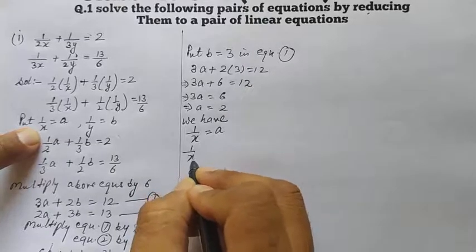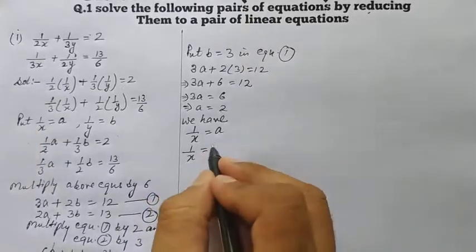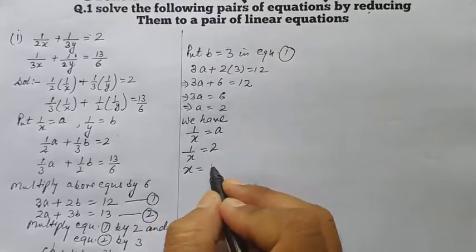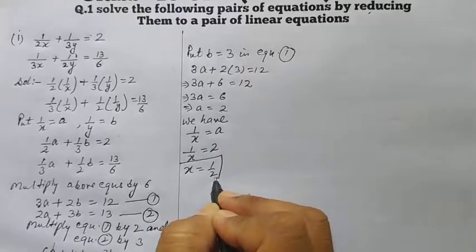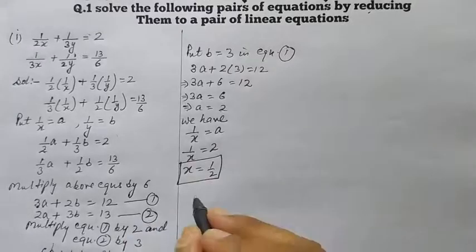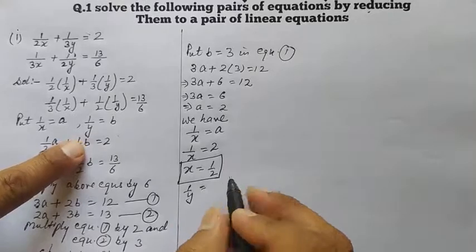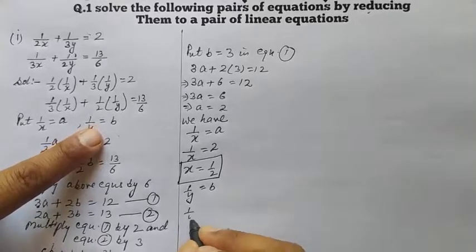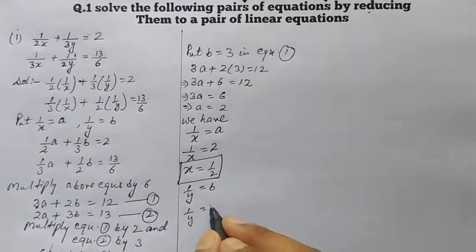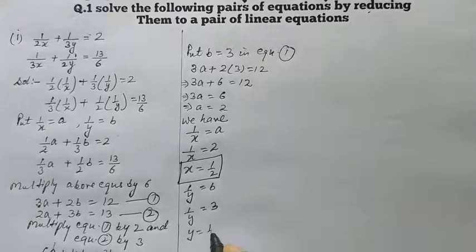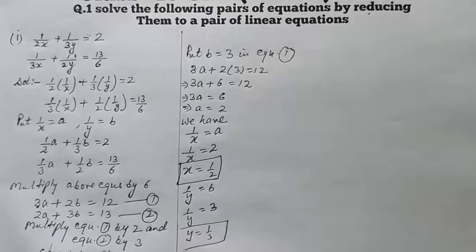So 1 by x is equal to, what is a here? That is 2. So if 1 by x is 2, then x is 1 by 2. So this is x. Now we'll find the value of y also. Here 1 by y is b. So 1 by y is, b is 3. We have the value of b 3. So 1 by y is 3. So y is 1 by 3. So this way we can find the value of x and y.